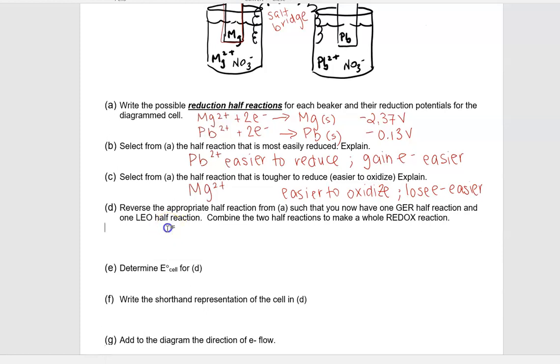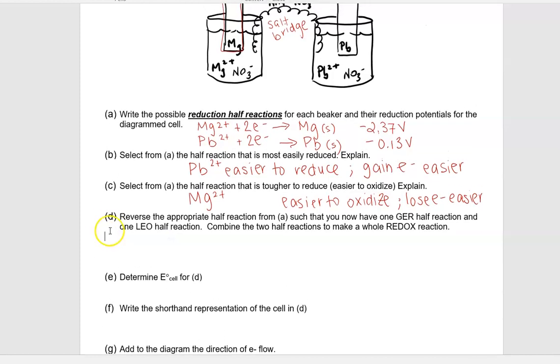So I'm going to write it over here, that's a good idea. I've got my inking pen here. So my magnesium, it originally looked like this. I'm going to write that down just so you can see it from above. And because it is easier to oxidize, I'll flip it.